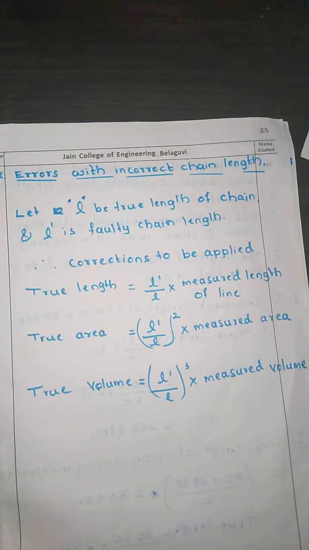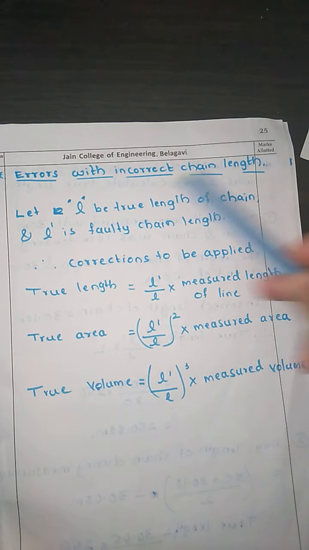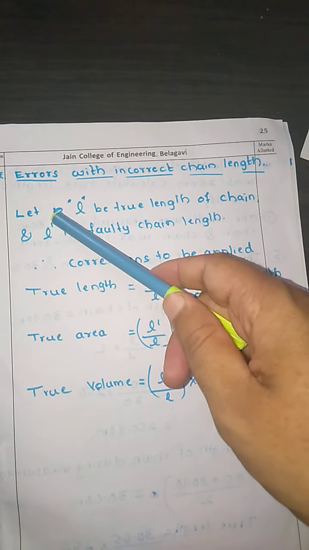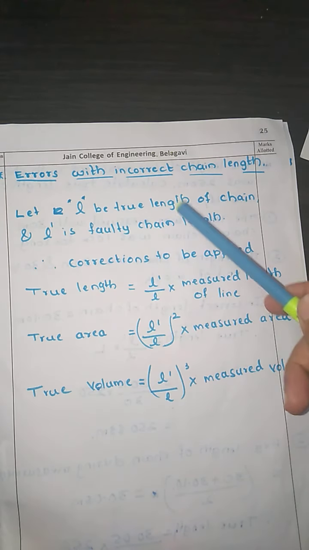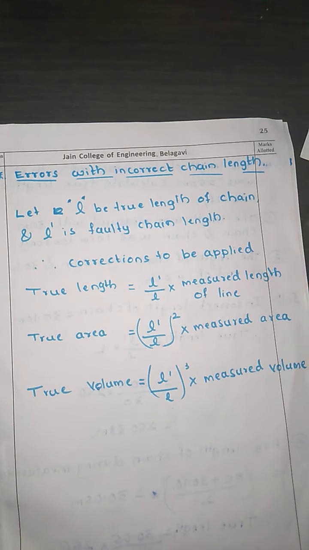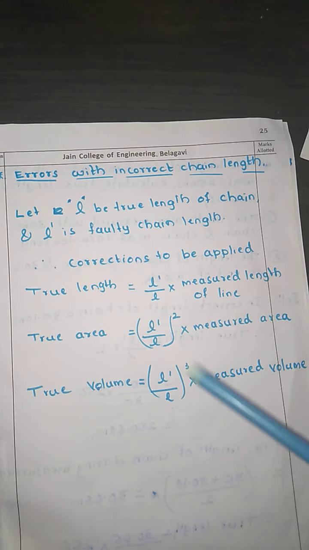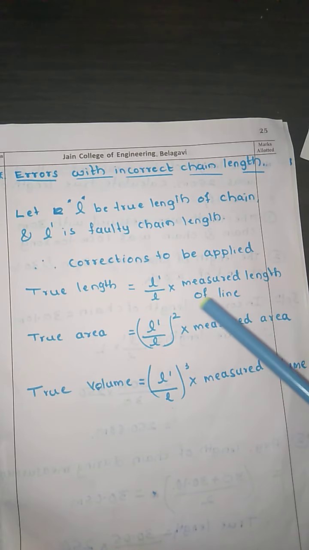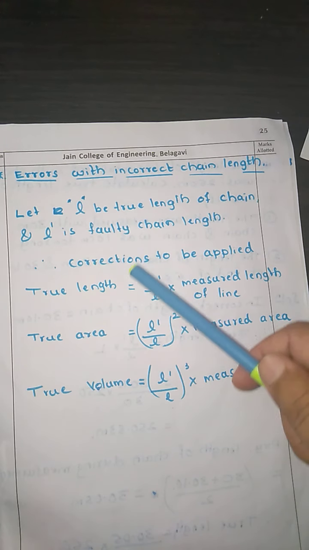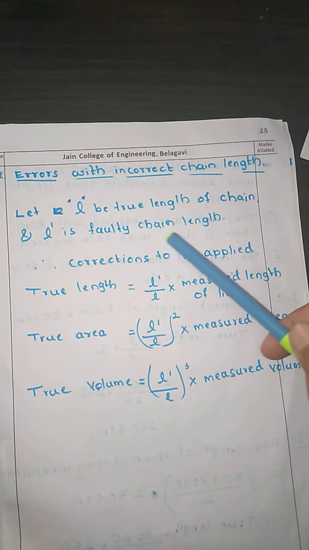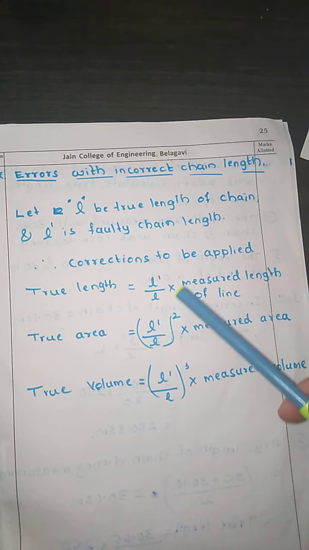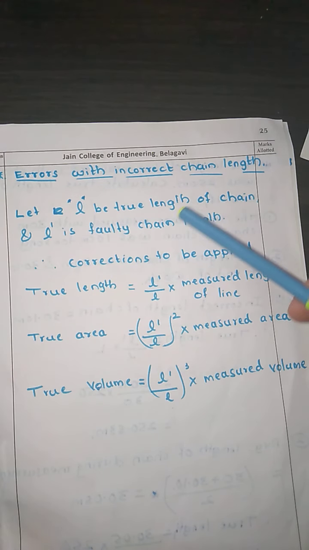Now let us see the correction to be applied for the incorrect chain length. If L is the true length of a chain and L dash is the faulty length of the chain, then the true length is L dash divided by L, that is faulty chain length divided by true length of the chain, multiplied by measured length of the line.